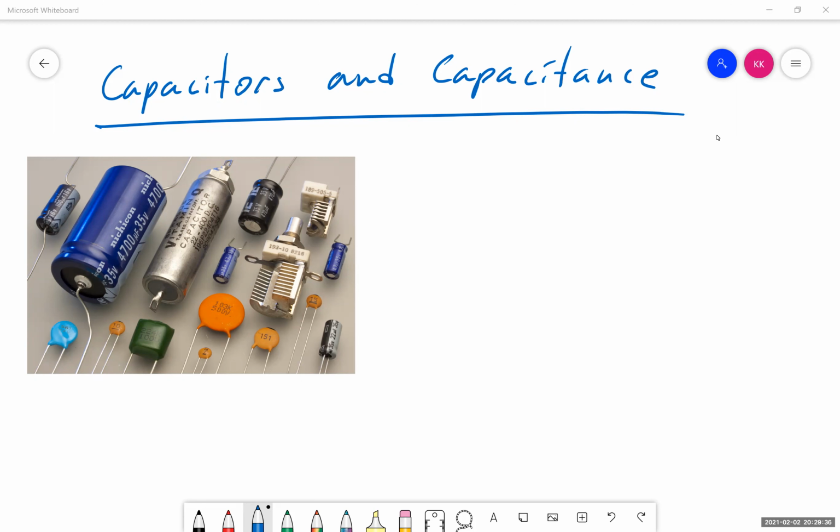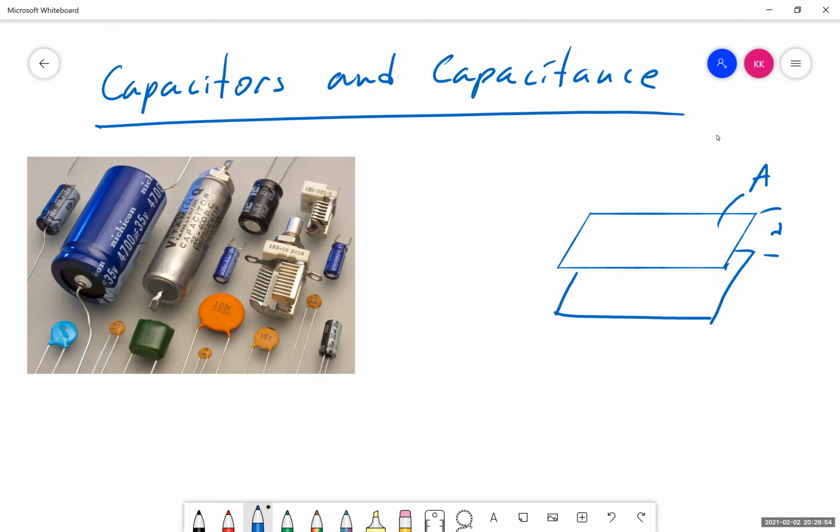All right, so a parallel plate capacitor is basically two conductors like this, that have the same area A, so the same cross-sectional area A. They are separated by some distance D. Let's say this distance D here is the separation. Initially, you can think of them both as neutral.